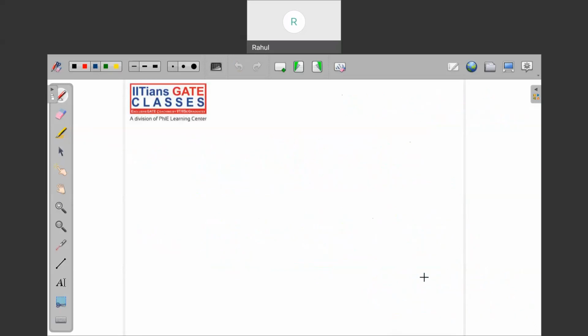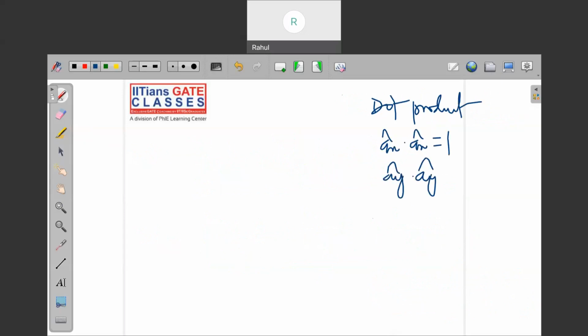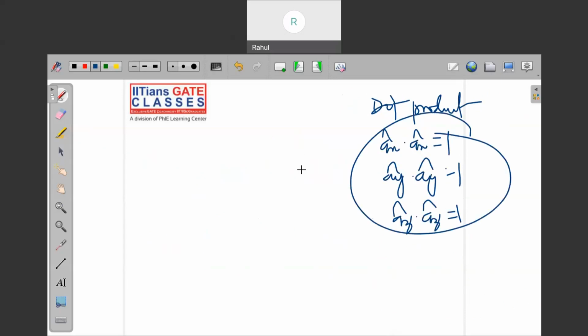You know that there are two brothers, the dot product and the cross product. What is the dot product? ax cap dot ax cap will give you 1, ay cap dot ay cap will give you 1, az cap dot az cap, if the unit vectors are the same, you'll get 1.